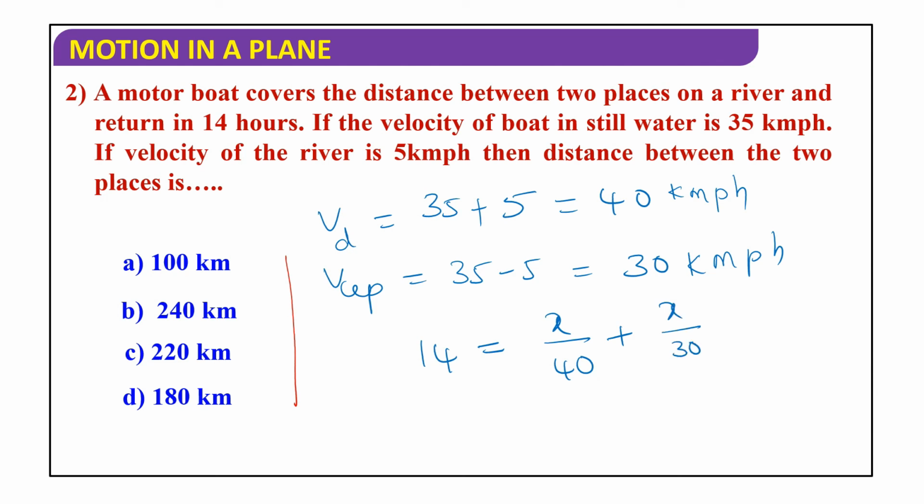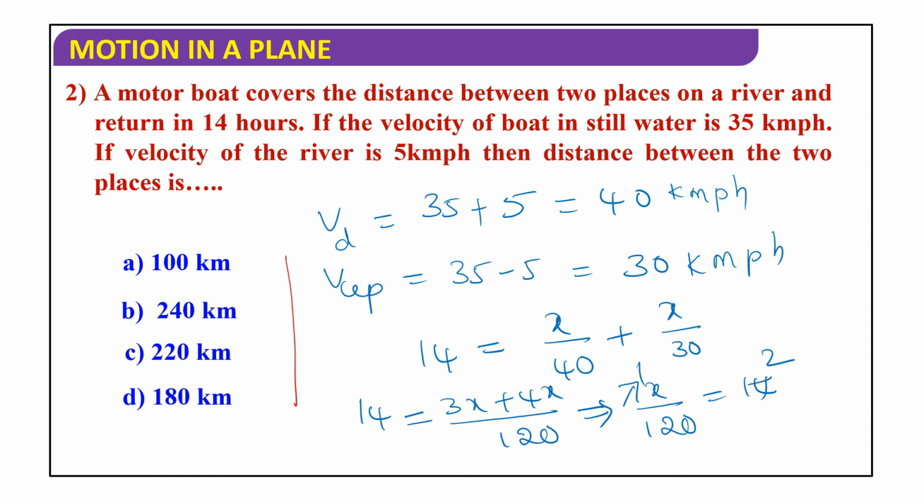Now we will calculate by taking LCM. 3x plus 4x by 120. After taking LCM we are getting 7x by 120 equals 14. 7 ones 7, 7 twos 14. So x equals, taking cross multiplication, 120 into 2, 240 kilometers.